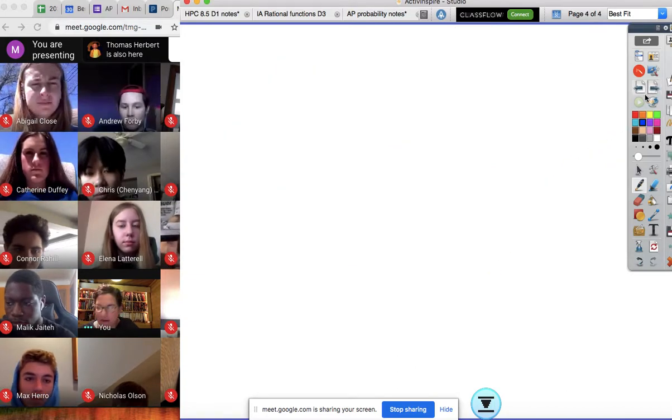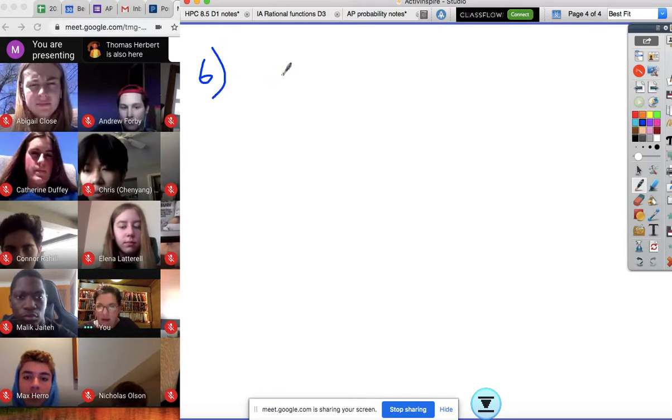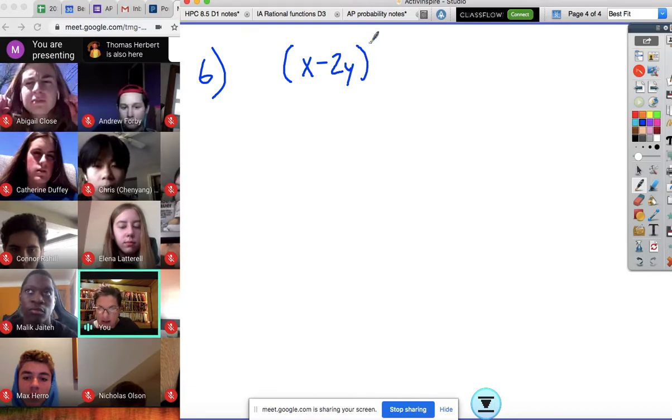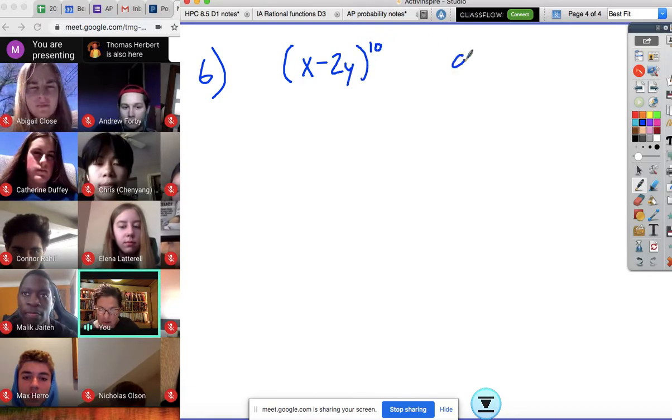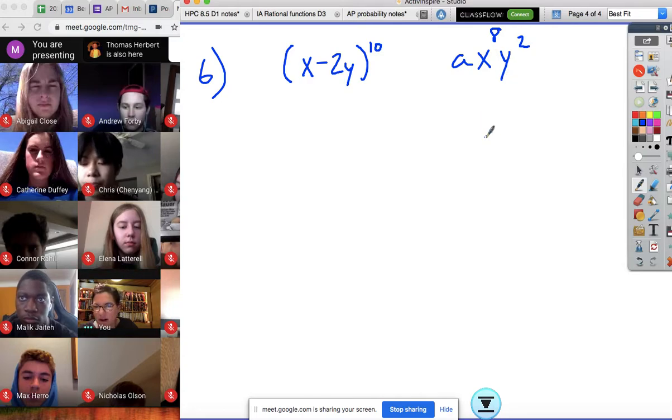All right, then we're gonna hop to number 6. Here was the problem, x minus 2y to the 10th, and you were supposed to find a, which is the leading coefficient of the term that involves an x to the 8th and a y squared.